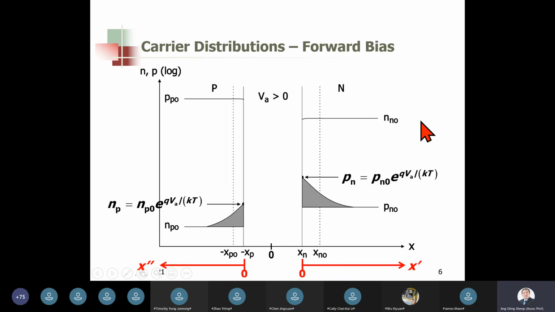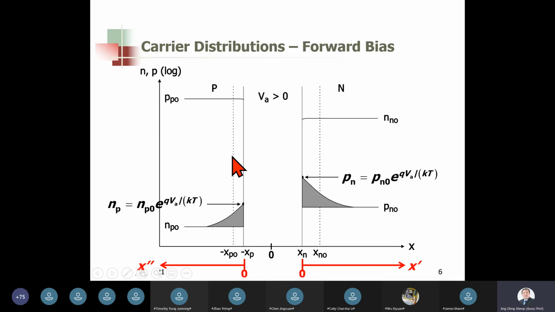Now, on the other hand, the current does not saturate under forward bias, all right? Because under forward bias, we have injection of majority carriers across the junction. And this injection gets more and more as the forward bias is increased, because holes are abundant in the p region and electrons are abundant in the n region.